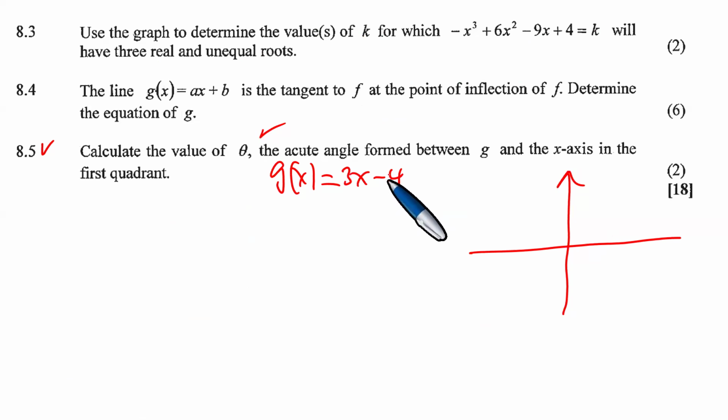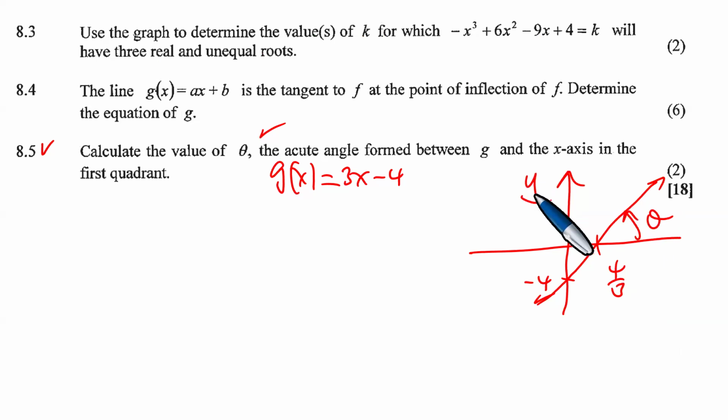When x is 0, y is minus 4. When y is 0, x is 4 over 3, and you'd have a graph like this, giving us this angle theta.